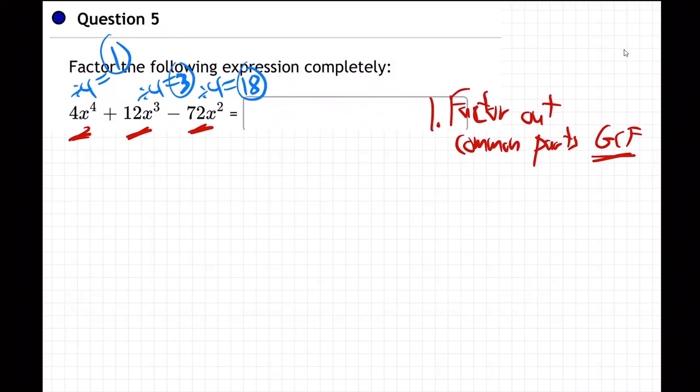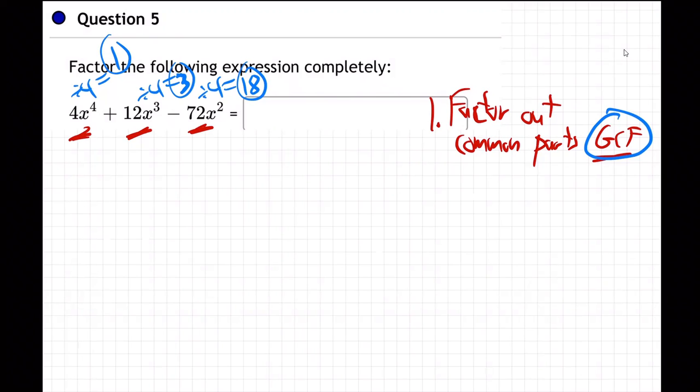When you divide them, I divided them all by 4. They're also divisible by 2, but we've got to get the greatest number that goes in, the greatest common factor. So the biggest number they're all divisible by is 4.